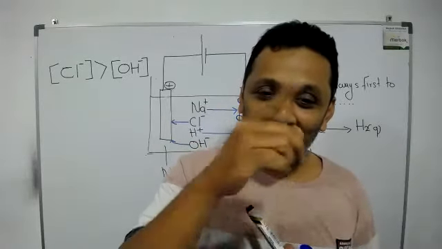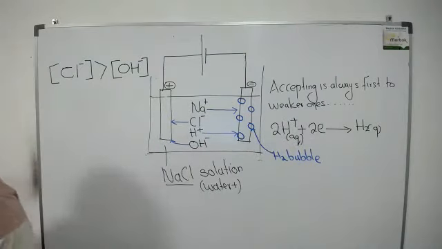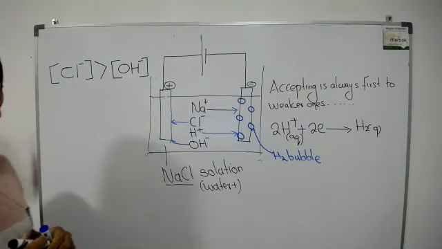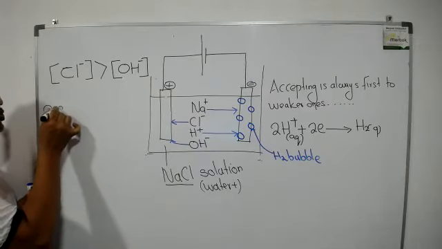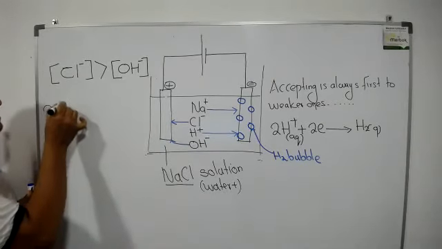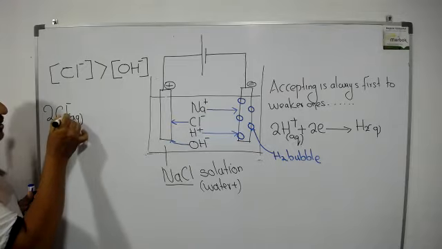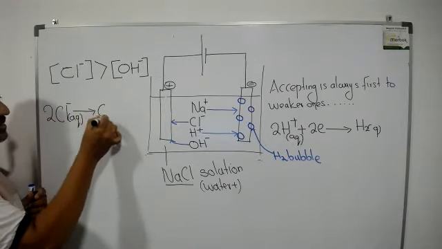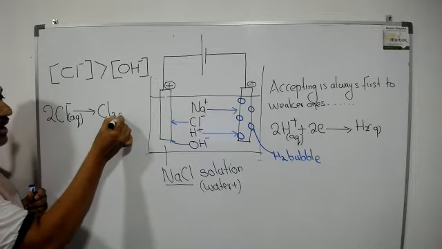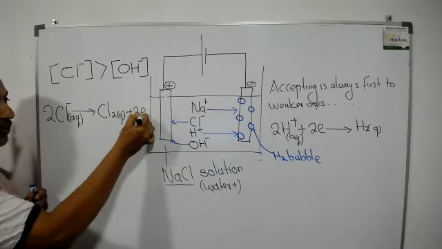Who will lose the electron? Cl minus. 2Cl minus aqueous breaks to Cl2 gas plus 2 electron.